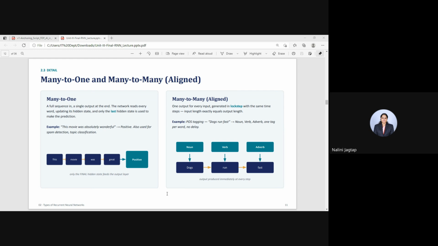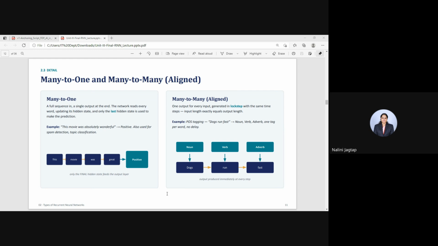Then we have many to many aligned. Many to many aligned produces one output for every single input, with outputs generated in lockstep with the inputs at the same time step. The standard example is part of speech tagging. Given the sentence, dogs run fast, the network outputs a tag for each word as it reads it.